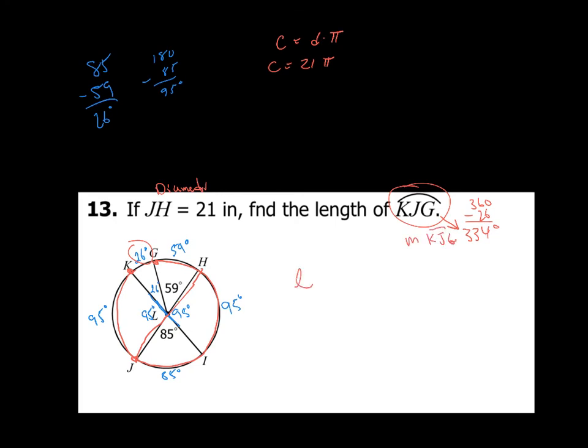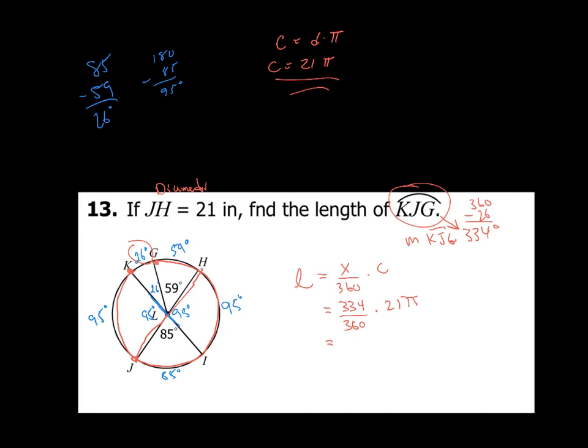So the length of that arc is going to be equal to x over 360, the proportion of the arc, times the circumference. So the proportion of the arc is 334 divided by 360 times, we said our circumference was 21 pi. Now I'm going to deal with the fractions.